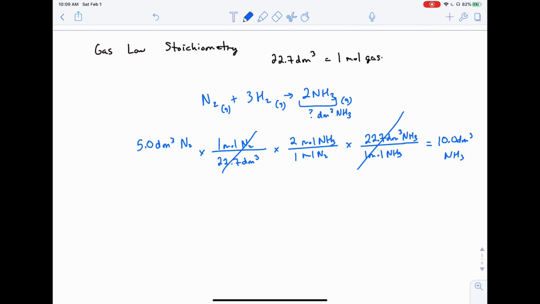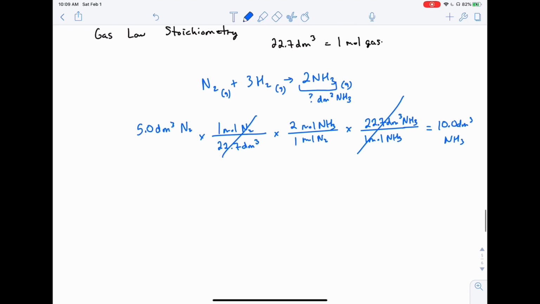every gas at STP, 1 mole of it occupies 22.7 decimeters cubed. So the mole to mole ratio is the same as a volume to volume ratio. So you can save yourself steps by just treating the mole to mole ratio as a volume to volume ratio, because every gas occupies the same amount of volume.